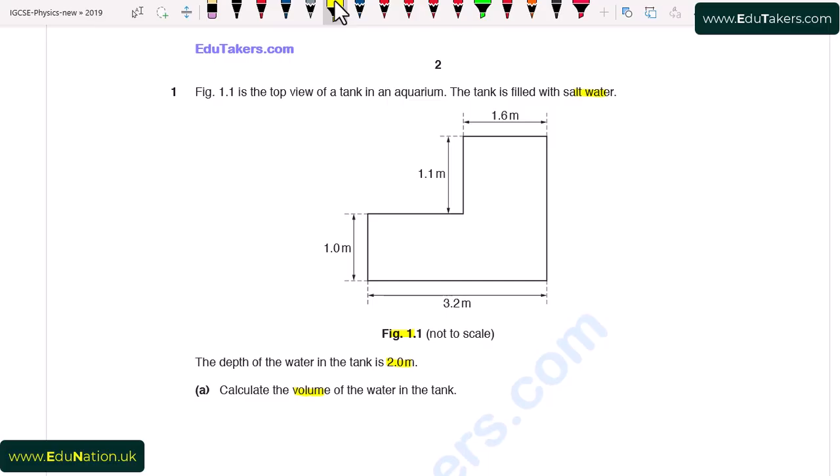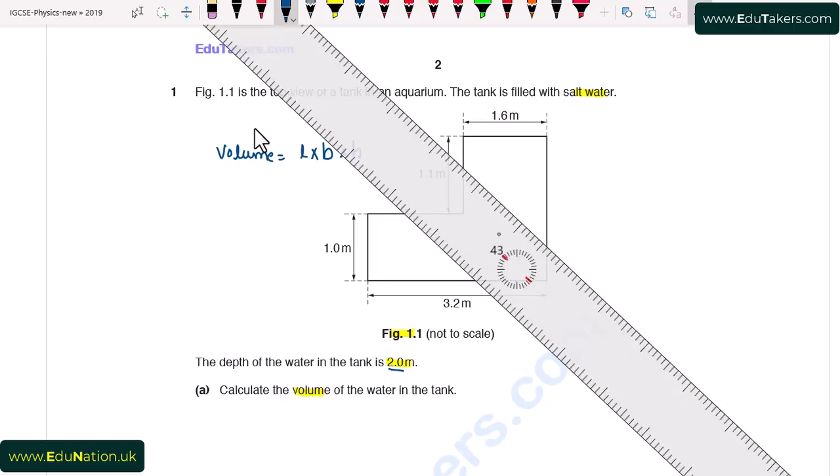So first of all, we know that it's a cuboid and the volume is equal to length multiplied by breadth multiplied by height. So I write here volume is equal to length cross breadth cross height. In this figure we can see that length and breadth are given, but the height, that is the depth, is 2.0 meter and it is not shown on this figure. So first of all, I draw here.